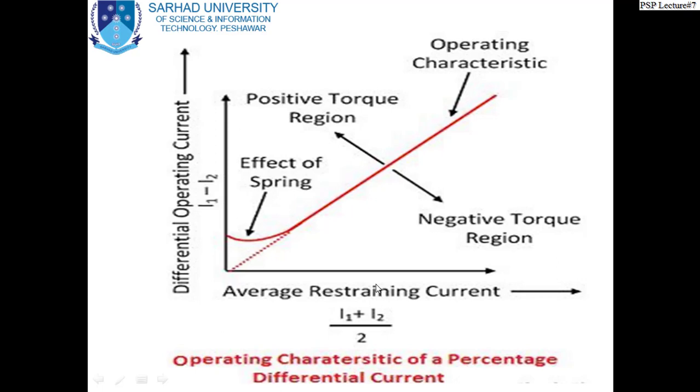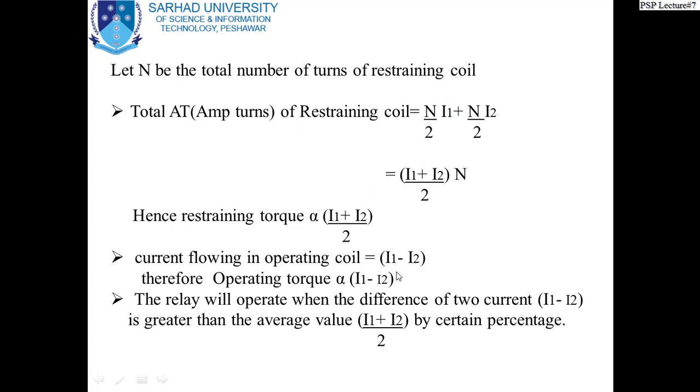So when the difference and the average value of the current exceed the pickup value of the relay, then the relay will operate. Otherwise, it will not operate.